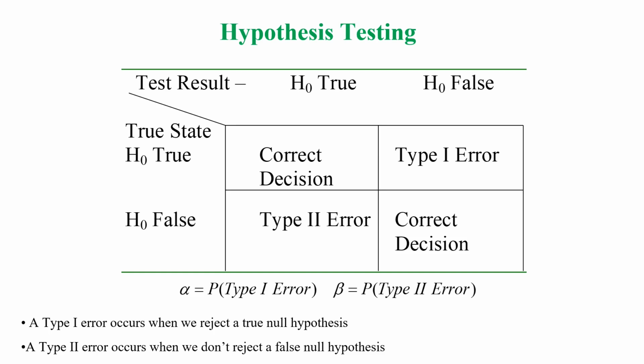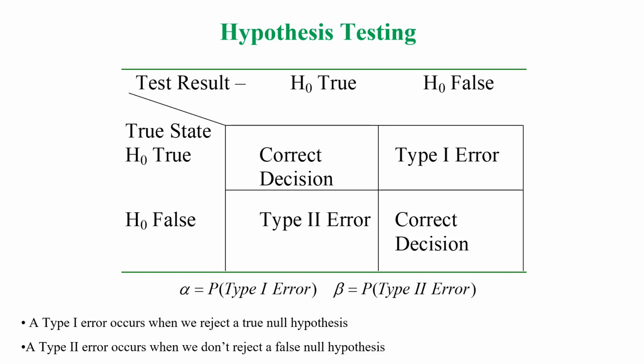Now, there are two types of error. One is type 1 error and the other one is type 2 error. A type 1 error exists when we reject a null hypothesis when it is true. See, the null hypothesis is true, but by mistake I have rejected the null hypothesis. That is called type 1 error.